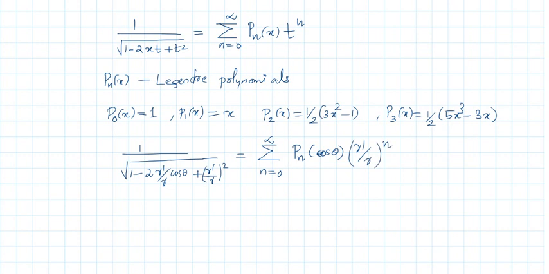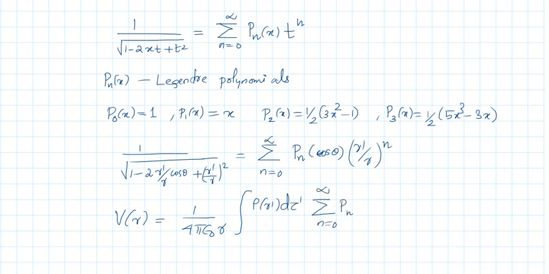Therefore, my potential V of r is 1 by 4 pi epsilon 0 r integral rho of r prime d tau prime, sigma n equal to 0 to infinity Pn cos theta, r prime by r the whole raised to n.